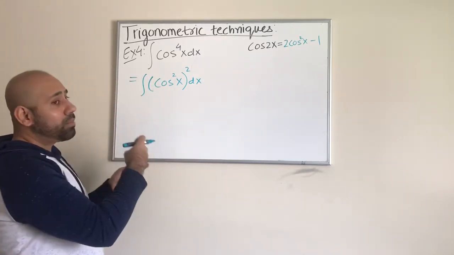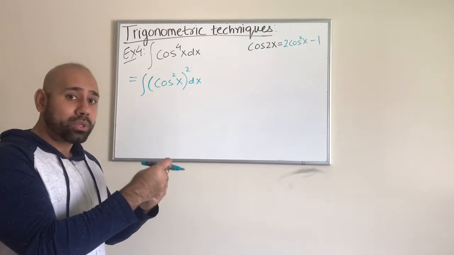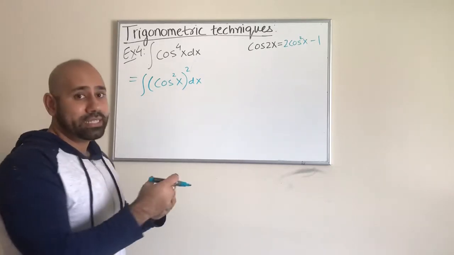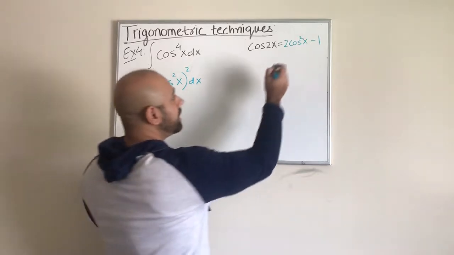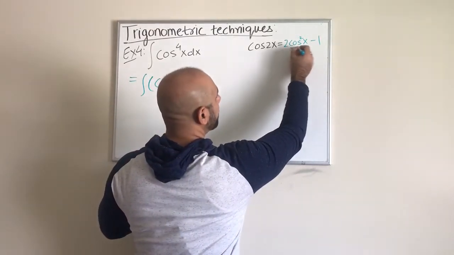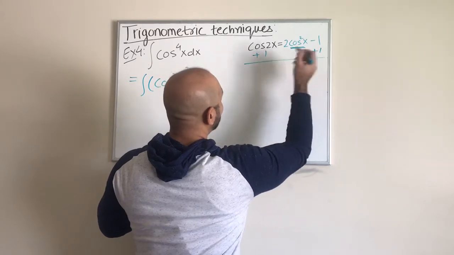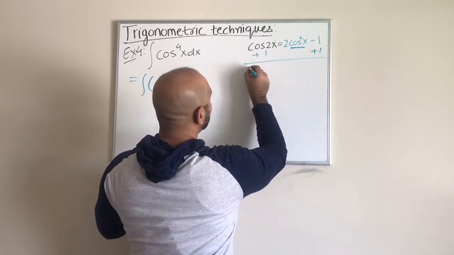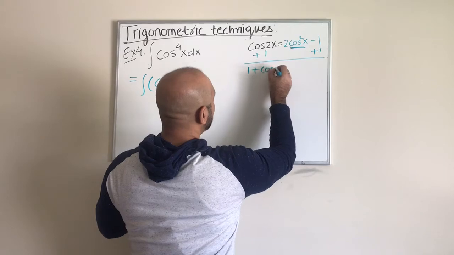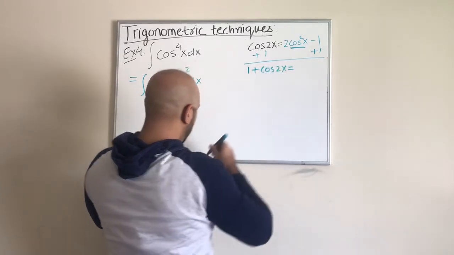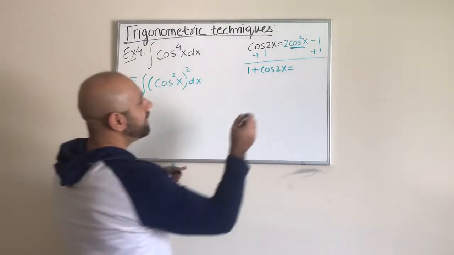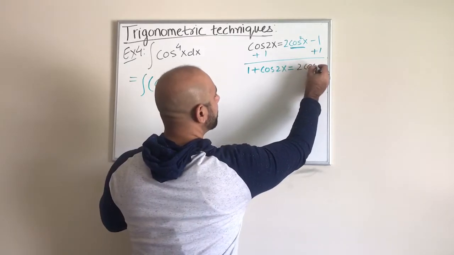In order to do that, one has to use substitution, and one may also have to use the trig identities. So if I solve for just cosine square x, I first have to add 1 to both sides, and I will write those steps. This is going to be 1 plus cosine 2x equals, and on the right hand side I will be left with only 2 cosine square x.